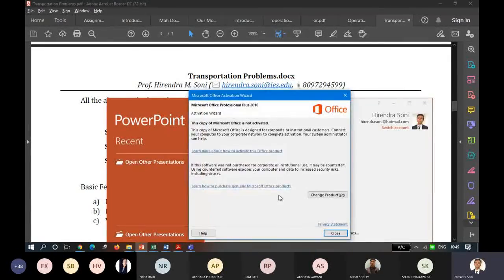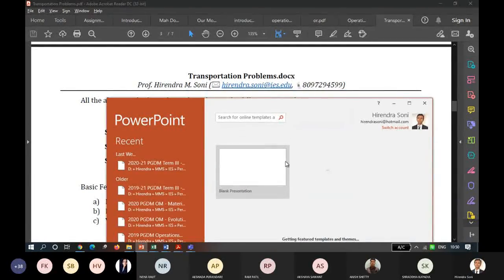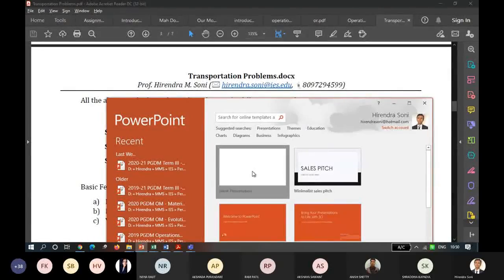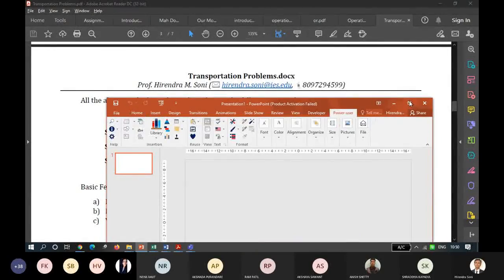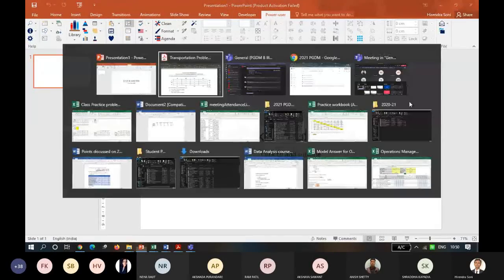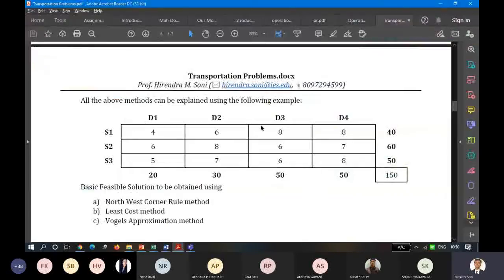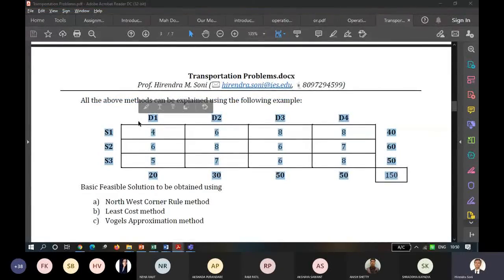That means manual method as well as using Excel. So we'll start with this first. Let me just copy and paste it in Word.